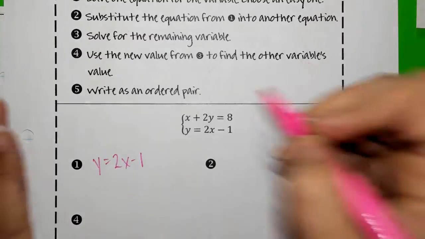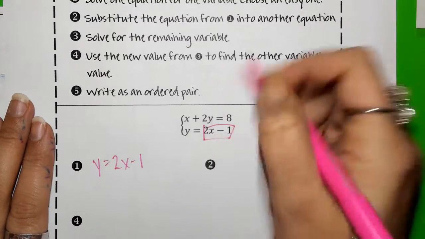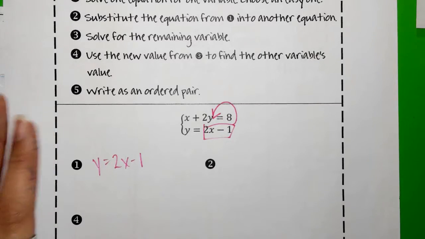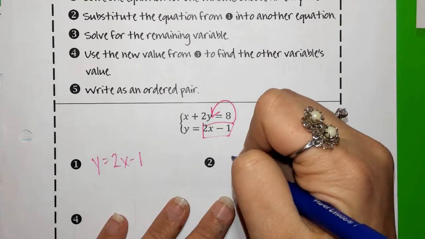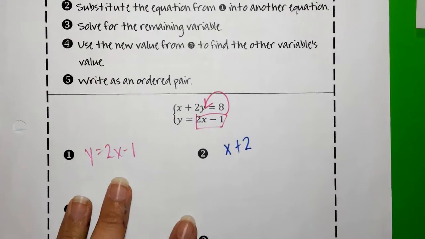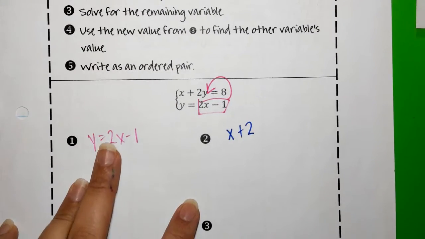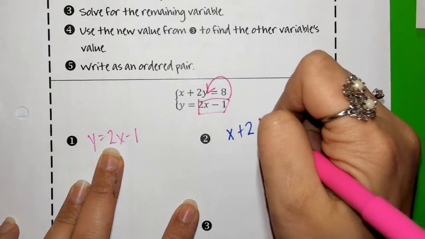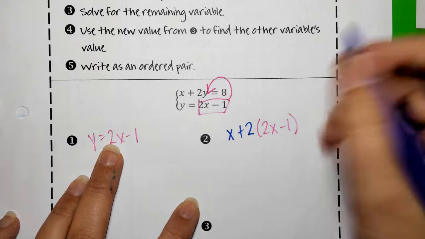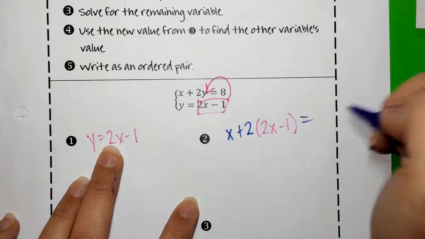So we are going to take what we know that y equals, and we're going to plug it in for y into our other equation. So I'm going to say x plus 2, because that's my first equation. Now what does y equal? Parentheses 2x minus 1. Yep, so we're going to say parentheses 2x minus 1 equals what? Awesome.